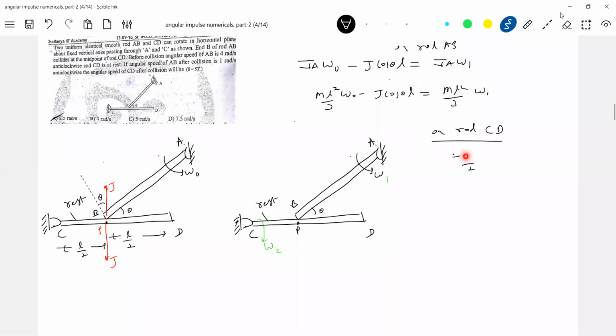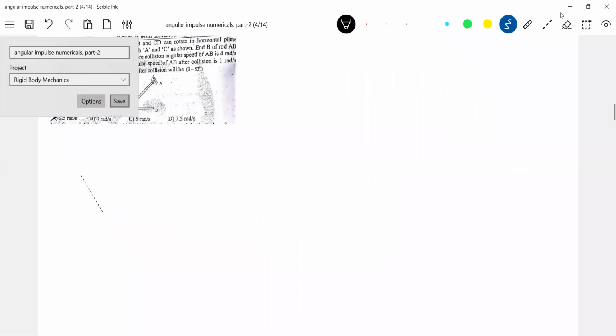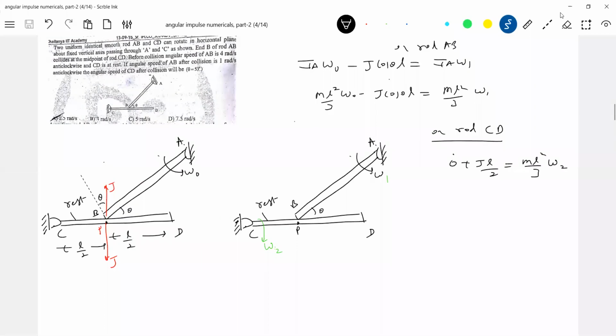J into L by 2, initial angular momentum 0, so J into L by 2 should be equal to ML square by 3 into omega 2. So calculate the value of J from here, substitute and so on, we'll get the expression for omega 2. Nothing big, no need to do anything more here.